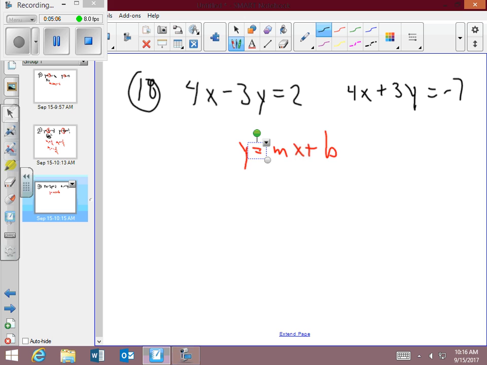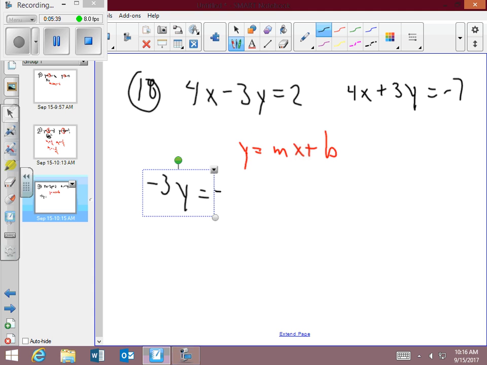So let's look at the first equation right here, 4x minus 3y equals 2. How are we going to proceed to get it in this form? What's the first thing that you want to do? Okay, Mildred is suggesting taking the 4x and putting it over there. There are many ways that you could do this.